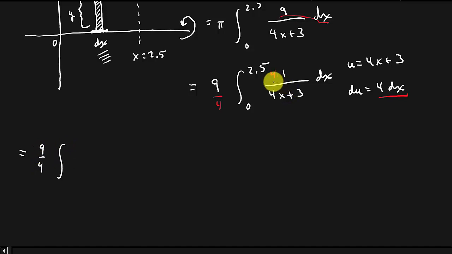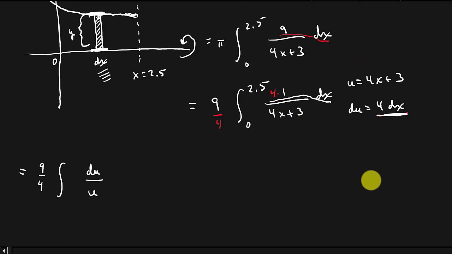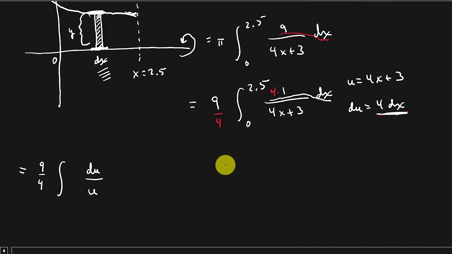And so, look at this. The 4 dx is going to be replaced with du. And the 4x plus 3 is going to be replaced with u. And now I do need to change my limits. And so I have u equals, I'm going to plug the 0 and the 2.5 into here. So that's going to be 4 times 0 plus 3 is 3.